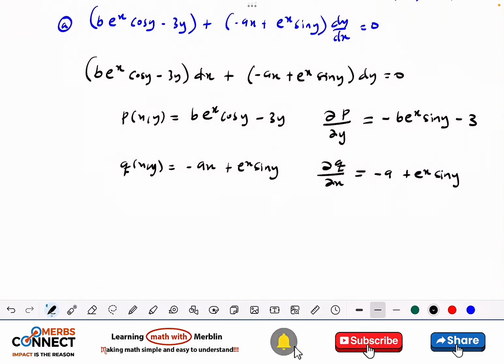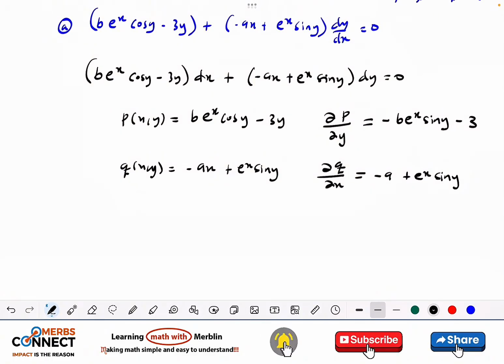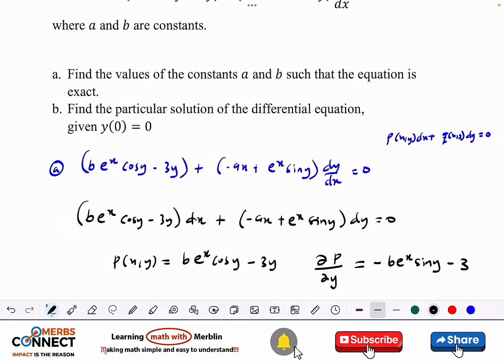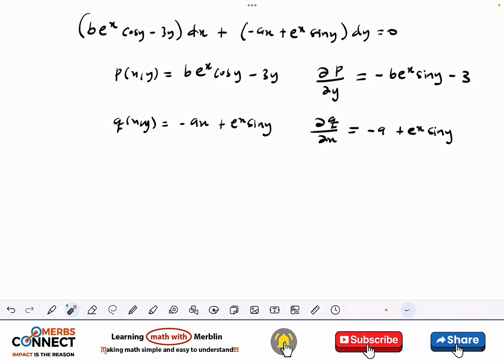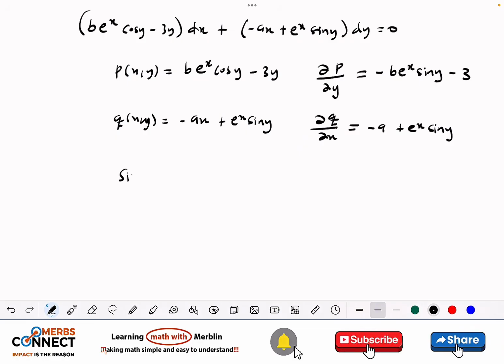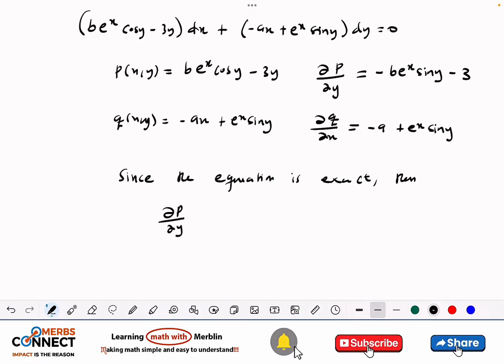Now, the question is saying that the equation is exact. So this is the conclusion that we are making. Since the equation is exact, then partial of P with respect to y is the same as partial of Q with respect to x.